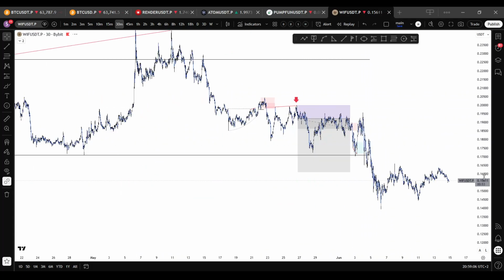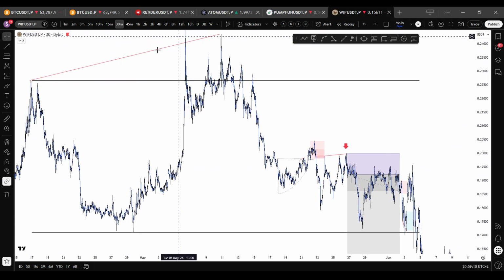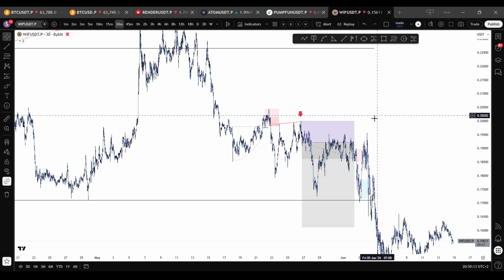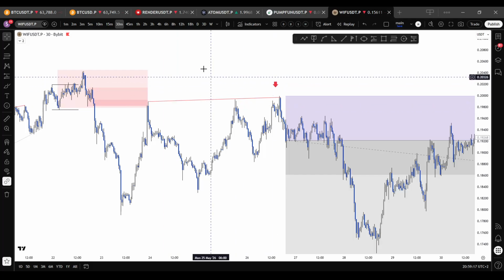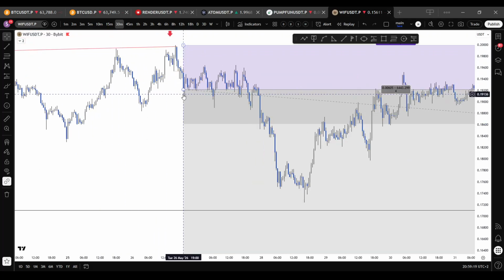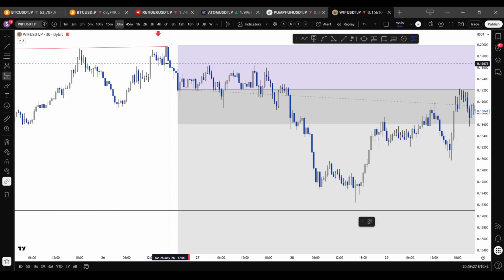But Wolf was also really clean. We had this Model 2 distribution, and we were already expecting a rotation to the downside. And here we get our Model 1 distribution. Again, Bitcoin confirmed around 6 p.m. This was also when we got the break. We got the break a little later because we SFP'd the low, but your entry would have been around, let's say, around here.